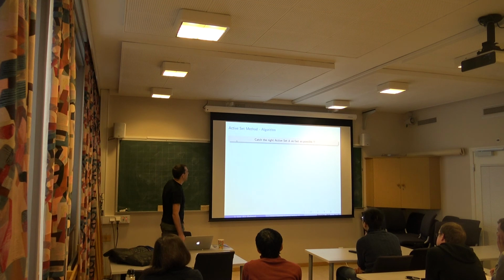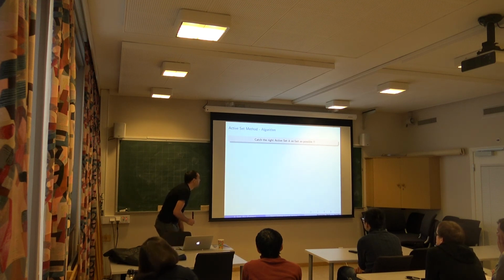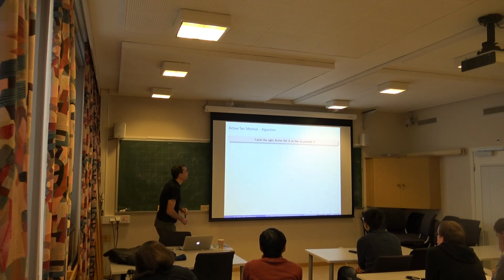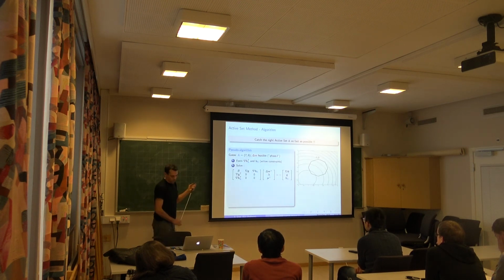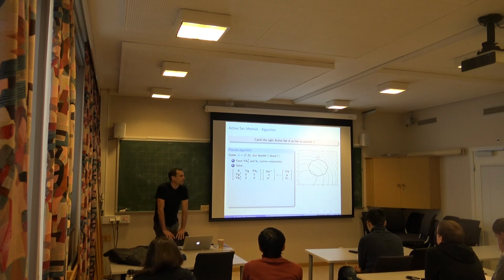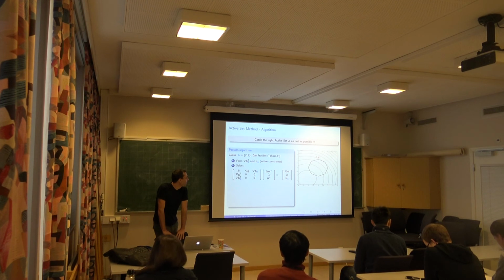And that's pretty much the idea of active set methods. You essentially guess an active set and check if it's correct. If it's not correct, you'll change it. So I'll show you how it works after the break.